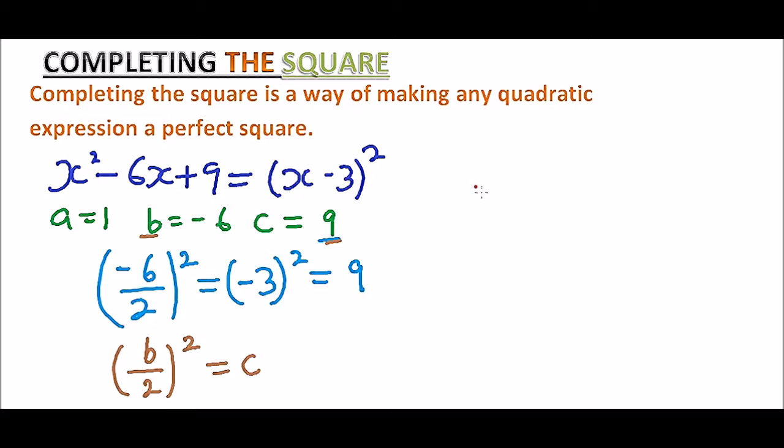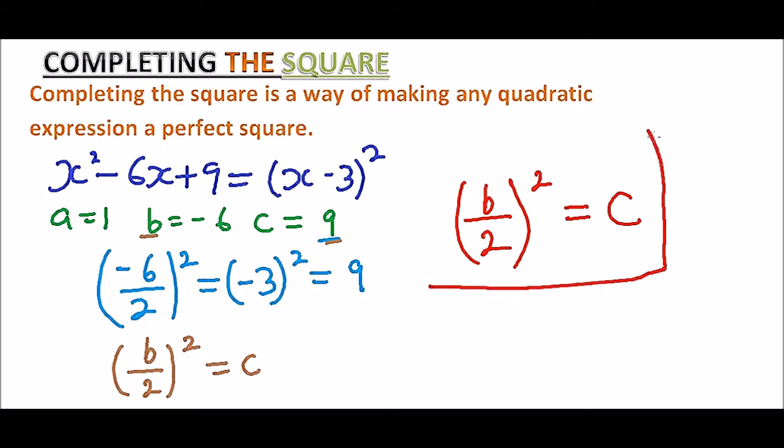So we are going to use this relationship, that is b divided by 2 into bracket squared gives you c, to be able to make any quadratic expression a perfect square. So note that.